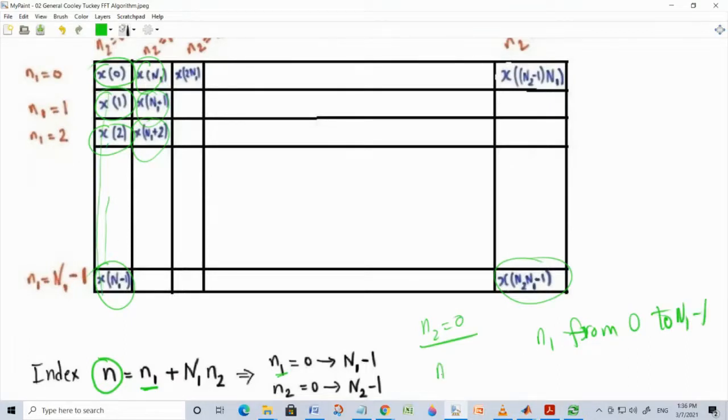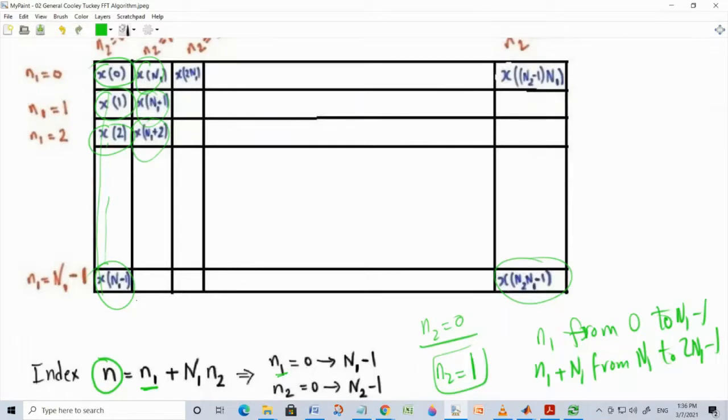Now when n2 is equal to 1, n1 plus N1 goes from N1 to 2 N1 minus 1. This gives you the second column, and so on and so forth.